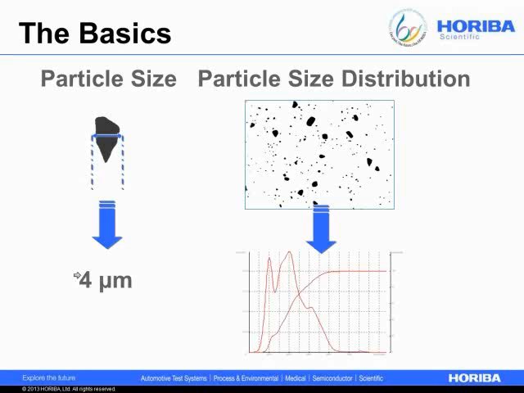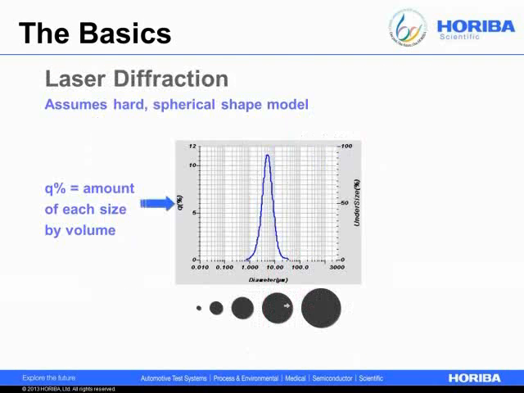So a particle size is a single number. A particle size distribution is many, many different numbers. And the reason we like particle size distributions instead of just particle sizes is because it gives us so much more information. Just looking at a single number can be completely misleading, and we'll see that in a few slides. So again, laser diffraction assumes a hard spherical model.